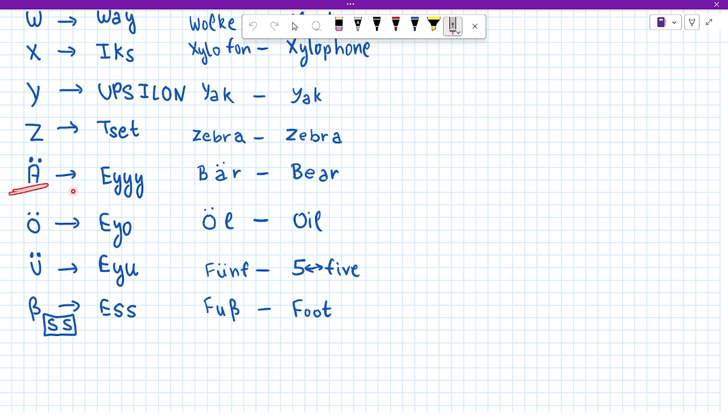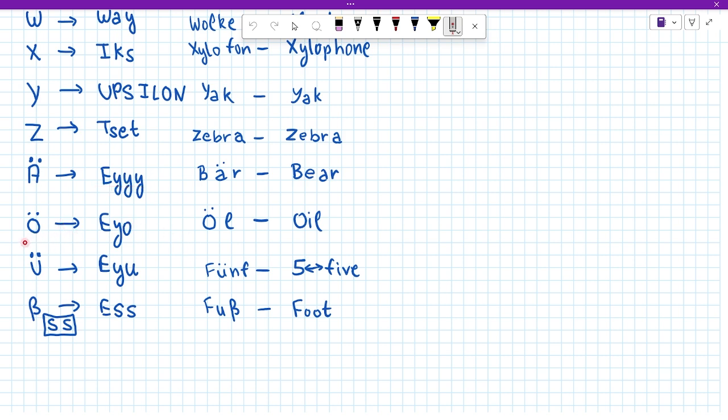So pronunciation of this is just a little bit more emphasis and a little bit more elongated A. Usually we pronounce A as just A, but when A umlaut is there, we have to extend the A. Normally we just say A, but this is longer.